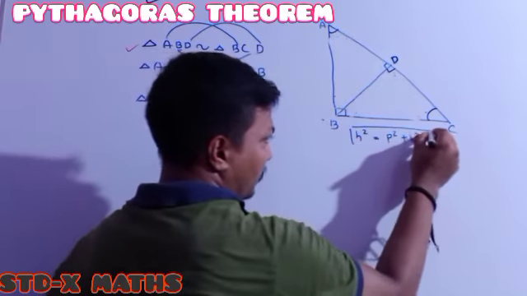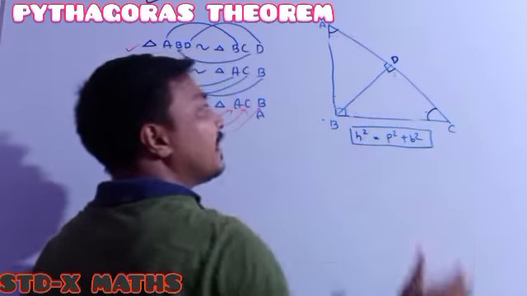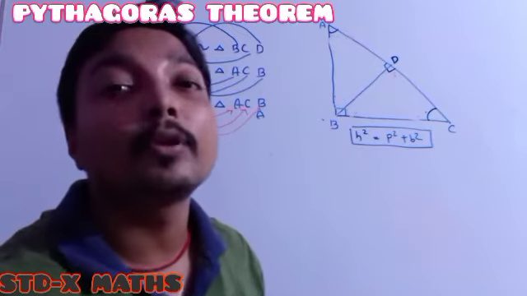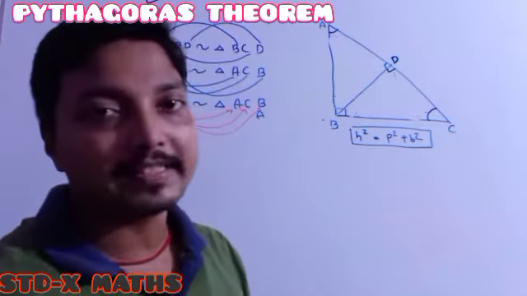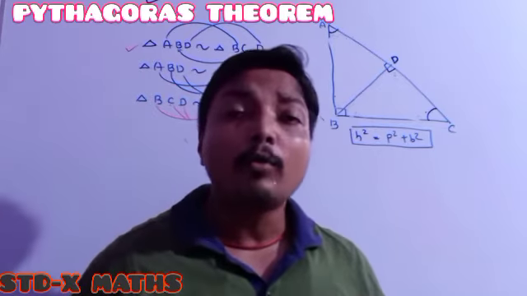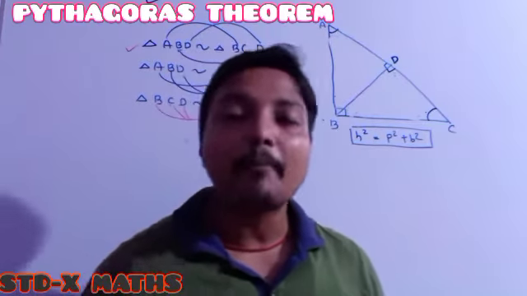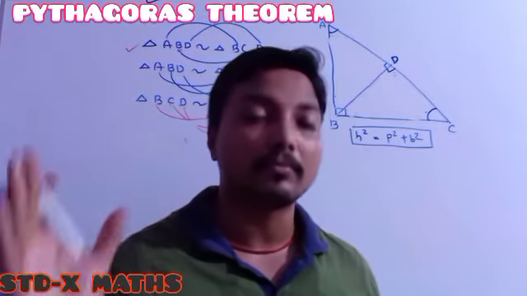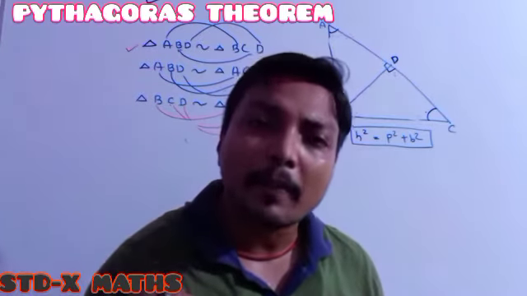This one is the Pythagoras theorem. We will prove this one, but here is how I will show you the statement, and also how you will get the question in the exam regarding the Pythagoras theorem. You just have to prove the Pythagoras theorem.